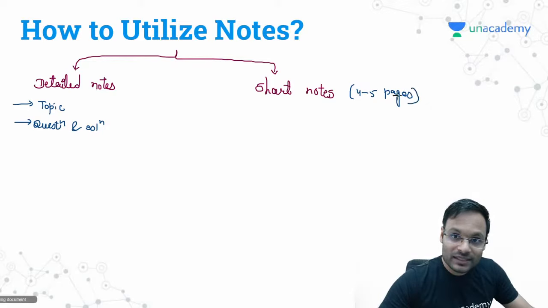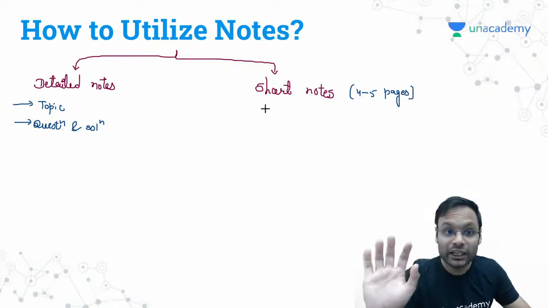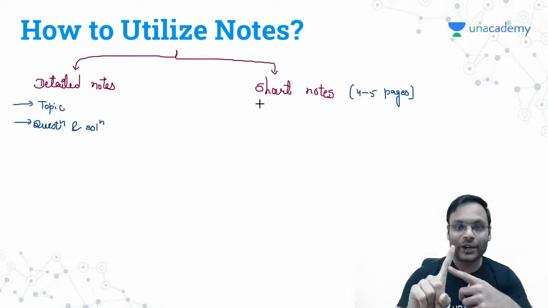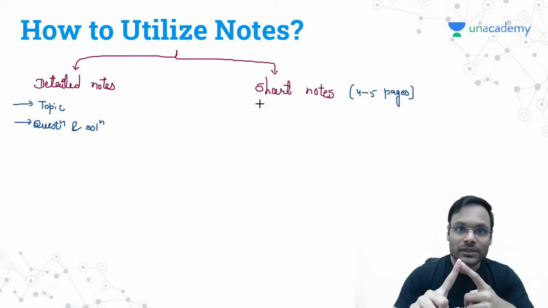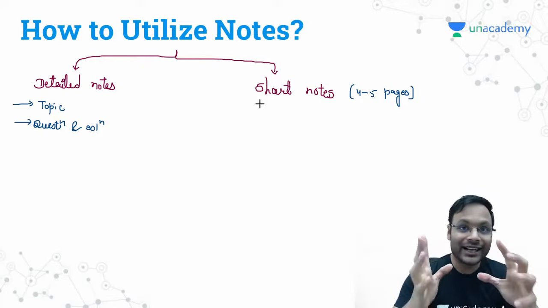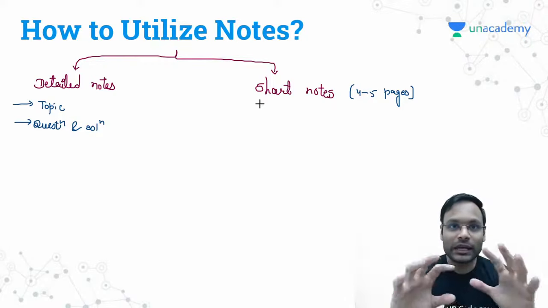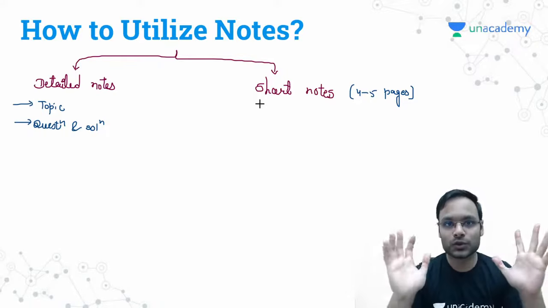Short notes means, see, short notes doesn't mean that you write everything in smaller fonts. हाँ, छोटे छोटे अक्षरों में सब कुछ लिख देना short note नहीं होता है. Short notes means those points, formulas, theorems, or statements which you have to remember as they are. There is no background story or concept behind those.